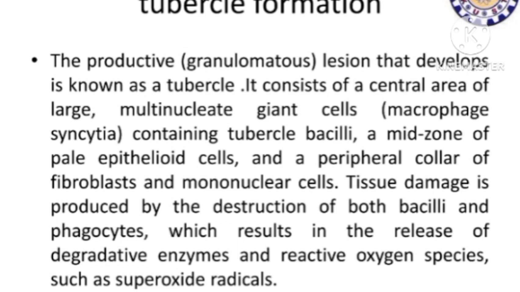It consists of a central area of large multinucleate giant cells containing tubercle bacilli, a mid-zone of pale epithelioid cells, and a peripheral zone of fibroblasts and mononuclear cells. Tissue damage is produced by the destruction of both bacilli and phagocytes, which results in a release of hydrolytic enzymes and reactive oxygen species such as superoxide radicals.